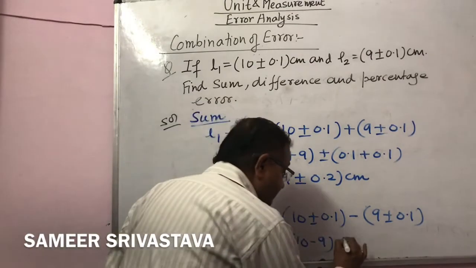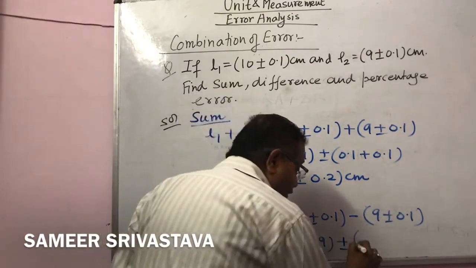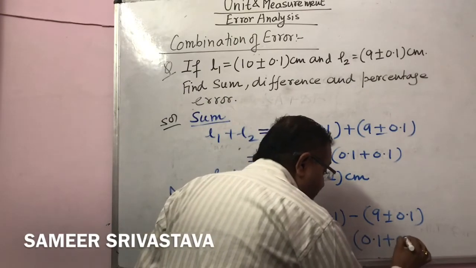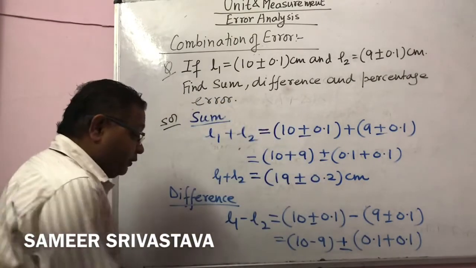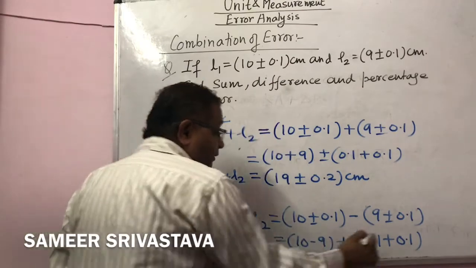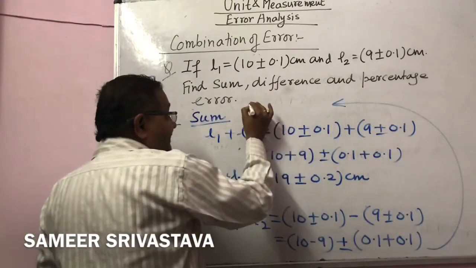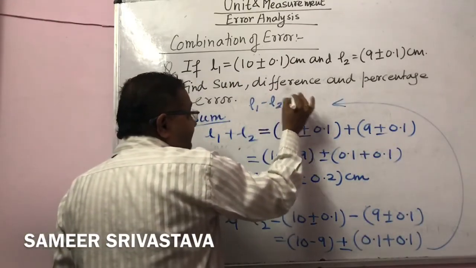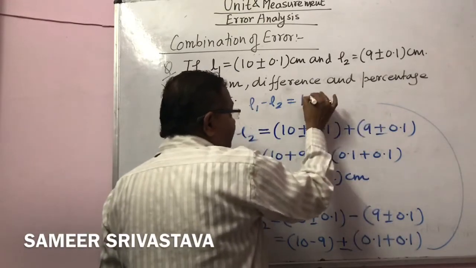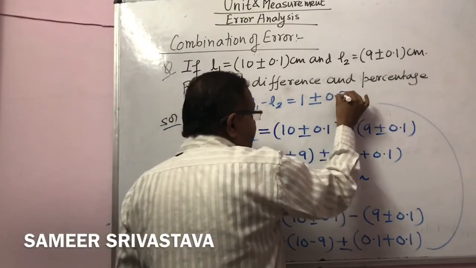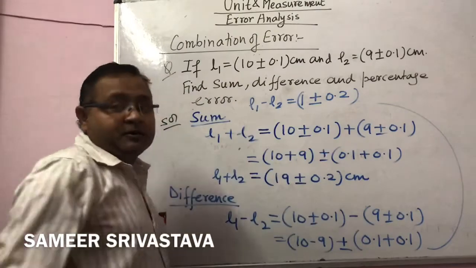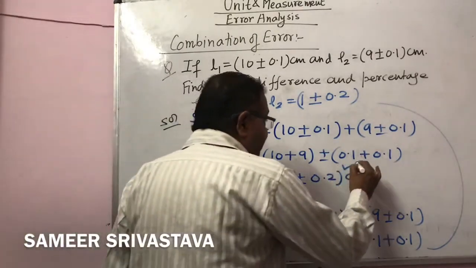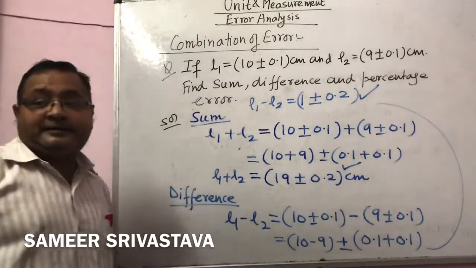But the error values we always add, so we use 0.1 plus 0.1. What about the final result for difference? The final result for difference is 1 plus minus 0.2. So this is the form of summation and this will be the form of subtraction.